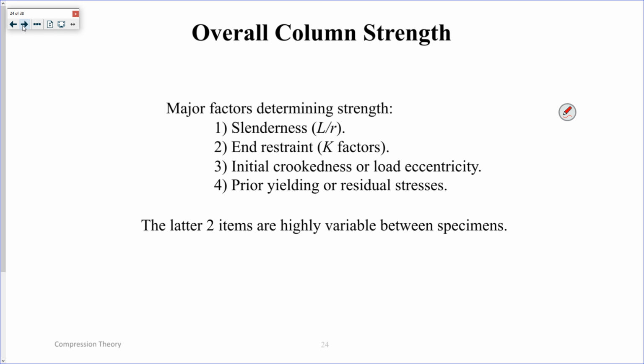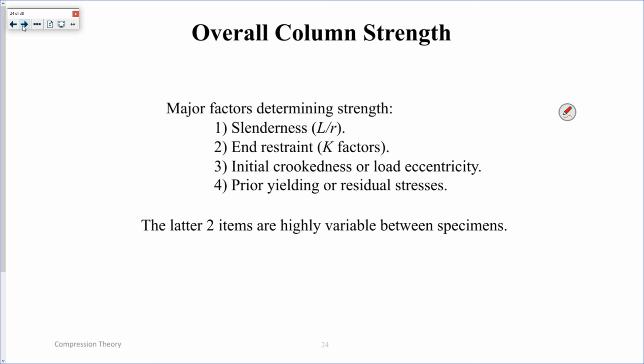So to summarize, the major factors determining strength are your slenderness and your end restraint, which we've taken into account using our effective length K factors. Then there's also some initial crookedness or load eccentricity, and there's prior yielding or residual stresses within the cross section that will affect when something yields.